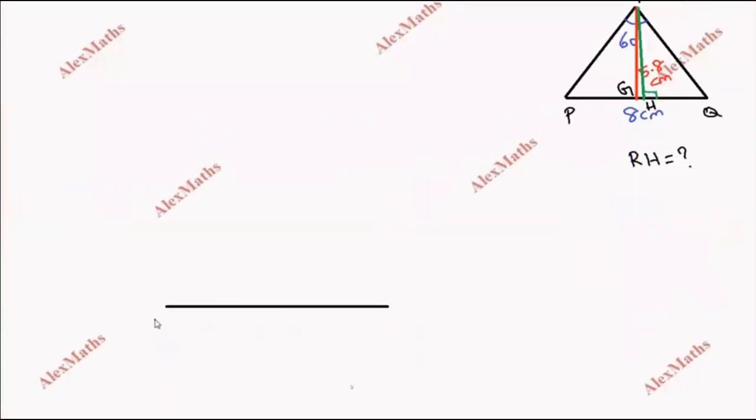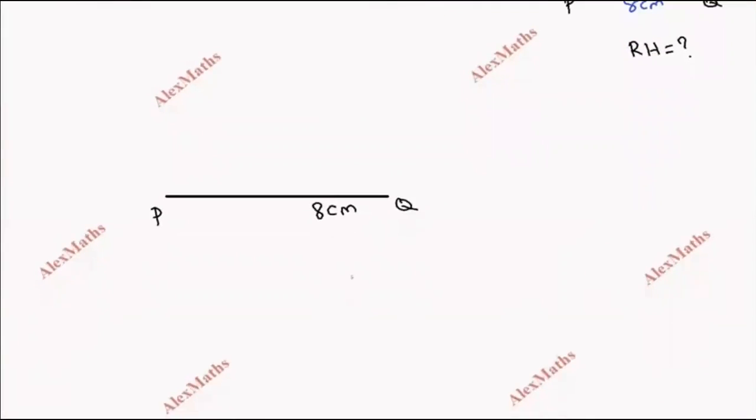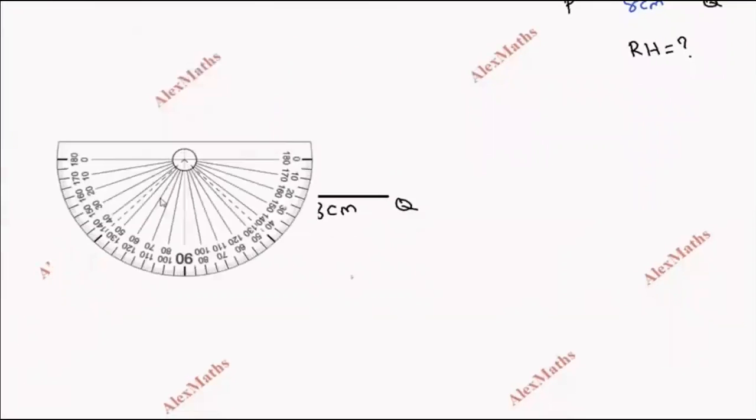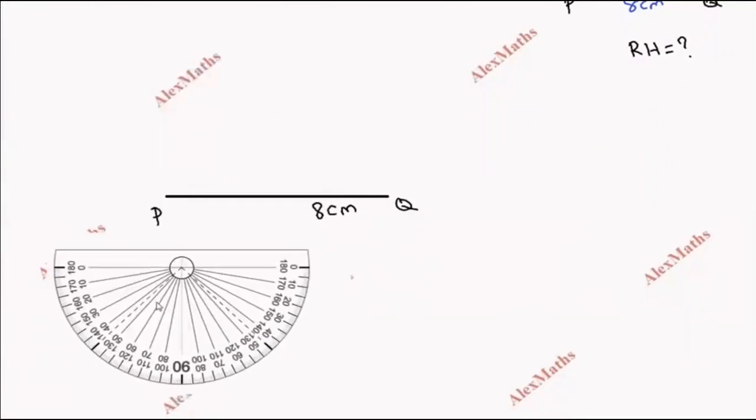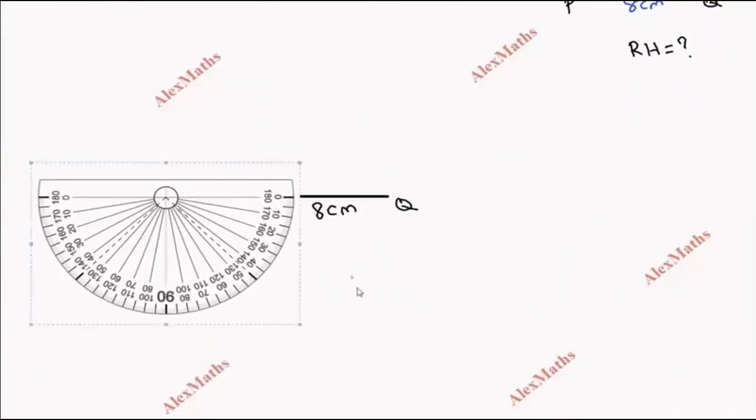Then we take the protractor with P as center in the downward direction. We have to draw an angle of 60 degrees.